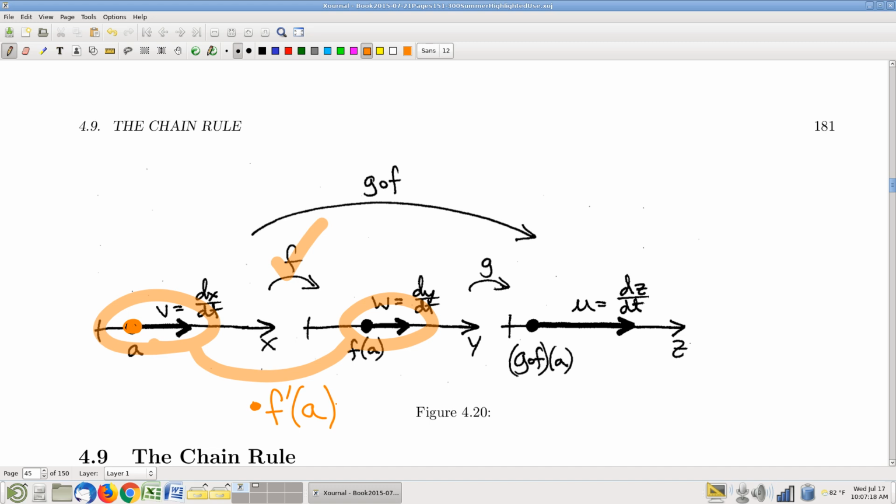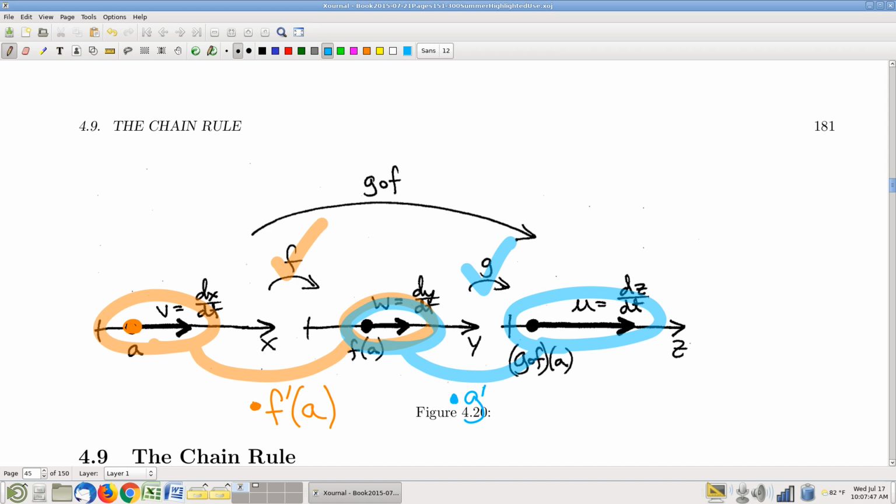Now, let's look at the relationship between these velocities. Those are input and output velocities for the g function. And the relationship, again, is that you multiply by the derivative. So this connection is multiplication by g prime. Now, again, be careful.